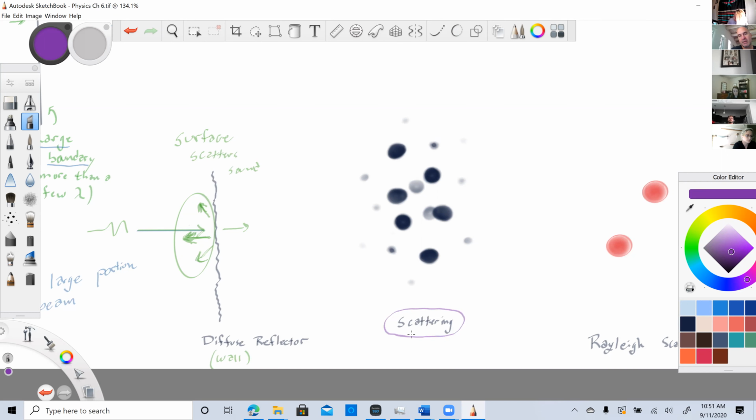So imagine a sound beam coming in. When it hits this, some of it will go back straight towards the transducer, which is great. That's the part we see. And then others go off in this direction. So just like the diffuse reflector wall, some scatter off in this direction and then bounce again. So it really can become a complex mess of echoes.